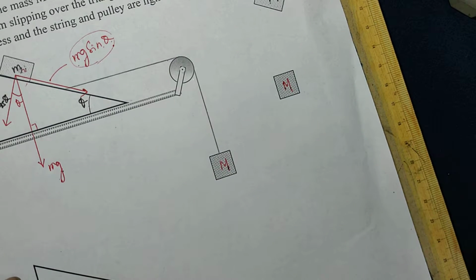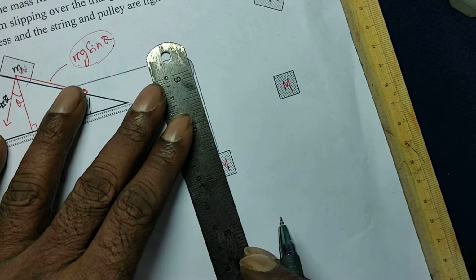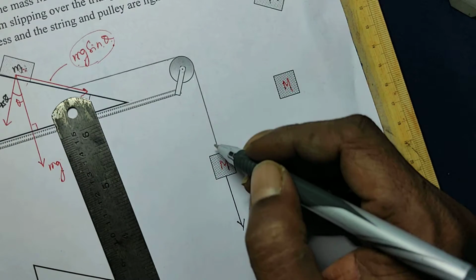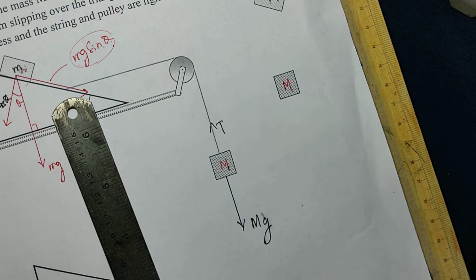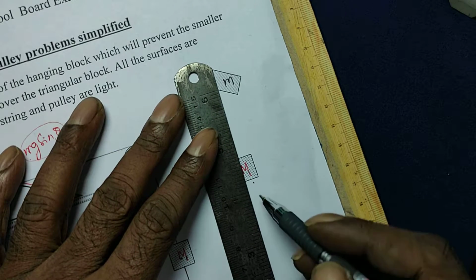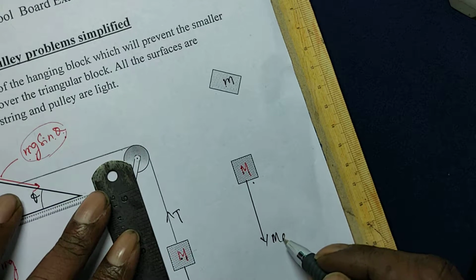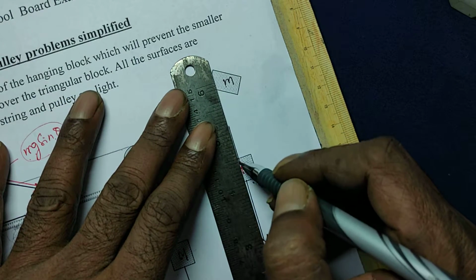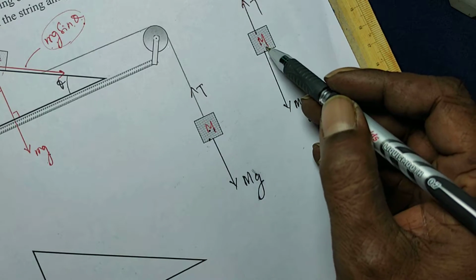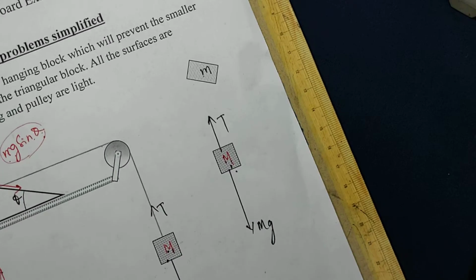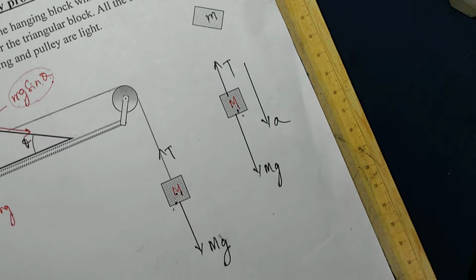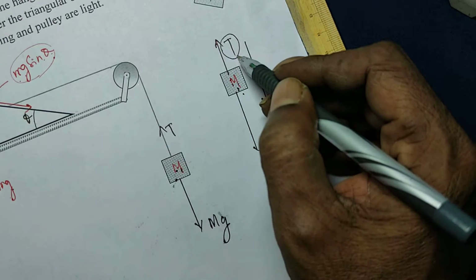Now suppose this M is falling down, so its weight is acting vertically downward, and this will be Mg, and this is the string, that is the tension T. So if I draw it here, this is your Mg, and that is being opposed by the tension T. If this block is coming down with acceleration, then the value of Mg must be more than the tension T, which is opposing it.